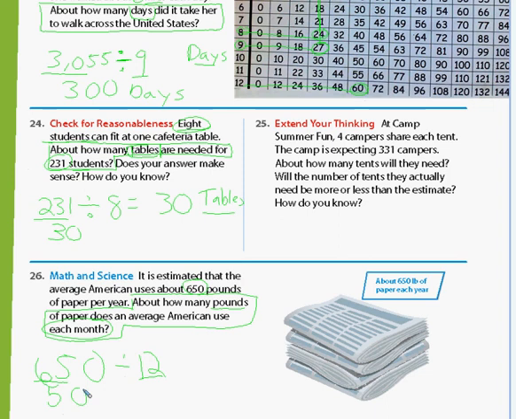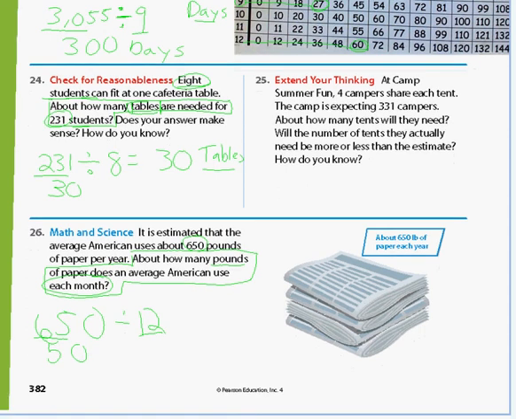Okay, we'll try another strategy, and this is something different than we've done before. We're going to round our divisor. So if I round my divisor, I'm going to round it to 10, and I'm going to leave my dividend the same, 650. Same problem, I just rounded the divisor.